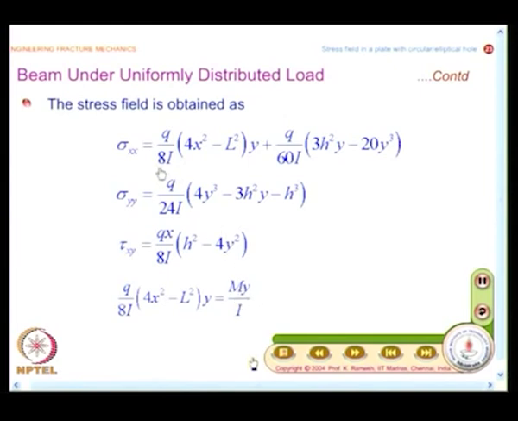So, a part of the solution is the same as what we have seen in the strength of materials approach, but there is an additional term which is actually a correction factor, given as q by 60I into 3h squared y minus 20 y cube.